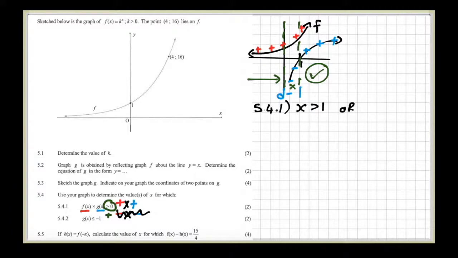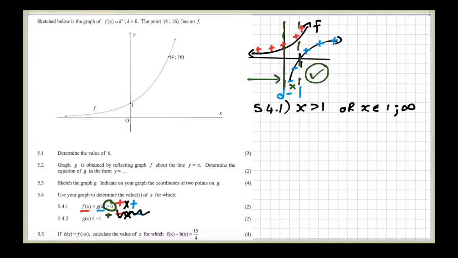or if you like your interval notation, x can be from 1 to infinity.